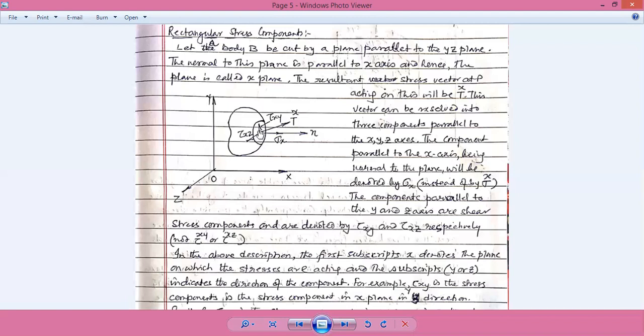So we have one normal force along the x-axis, one shear force along the y-axis, and one shear force along the z-axis. Always we write tau suffix xy and tau suffix xz.